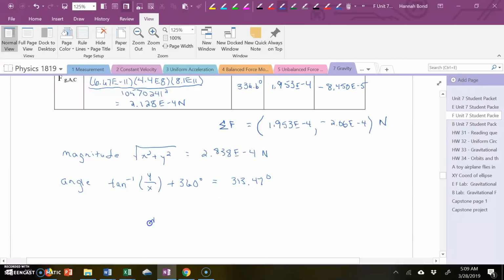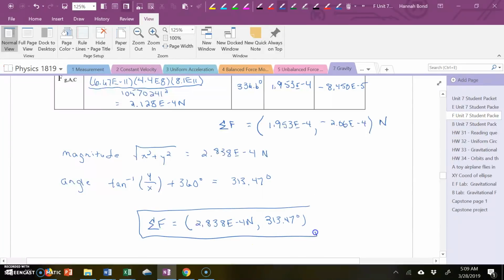So just putting that all together, the net force in polar notation is 2.838 e to the negative fourth newtons at an angle of 313.47 degrees. And that is the answer.